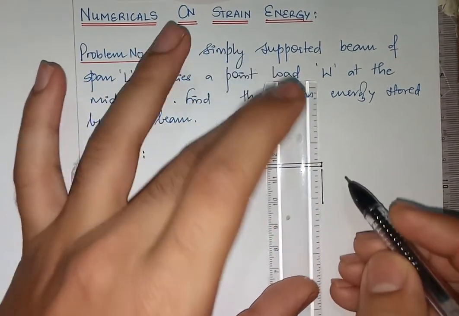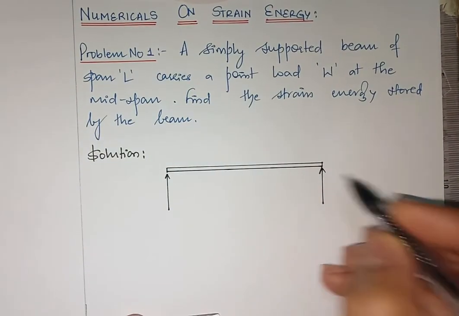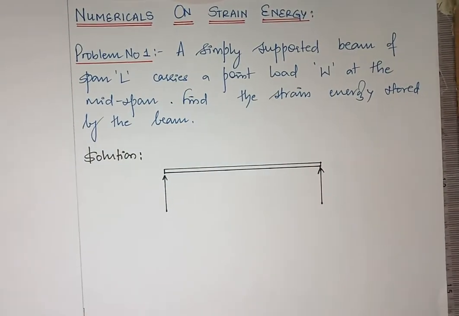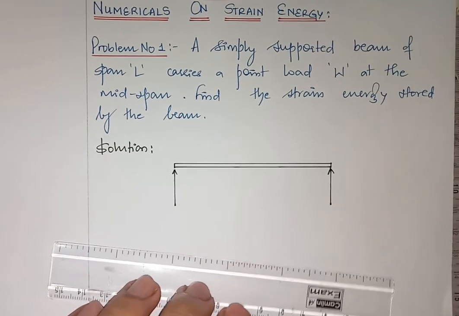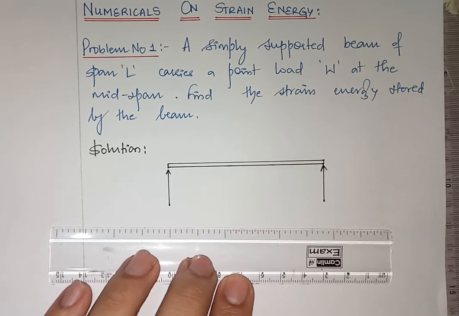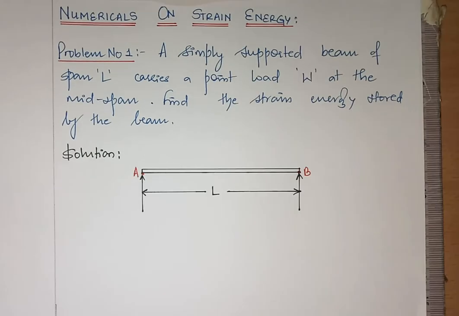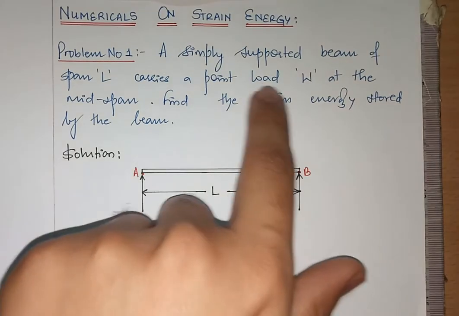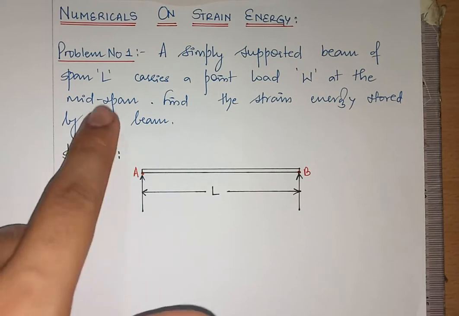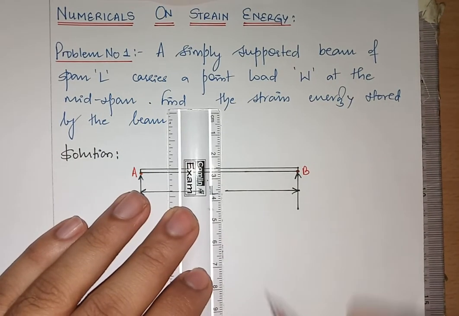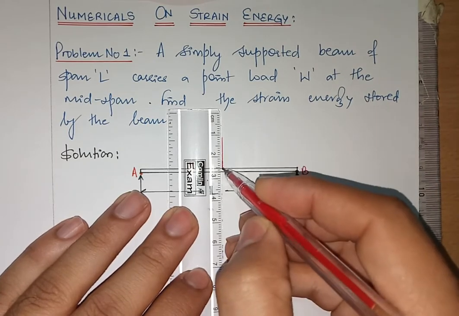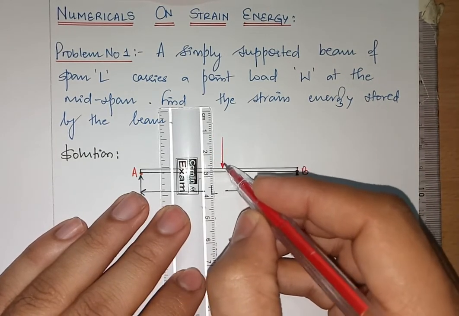Once again, you show the support at this end. Now the total length of this simply supported beam, let me take as L. So you mark the total length as L. Now mark the point load W exactly at the midspan, acting downwards.